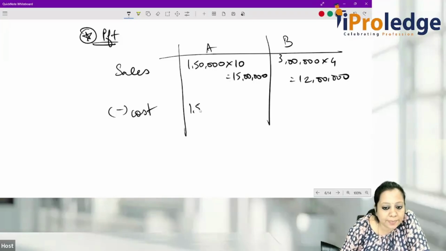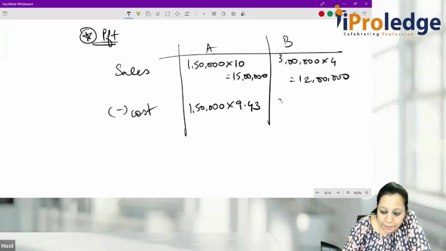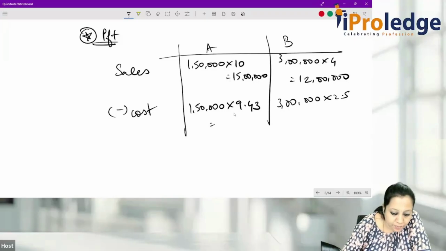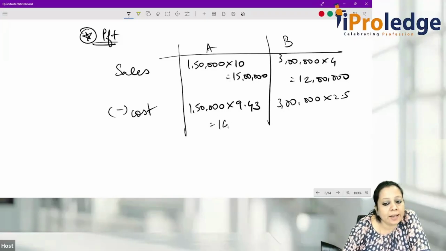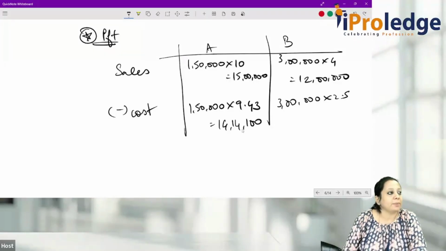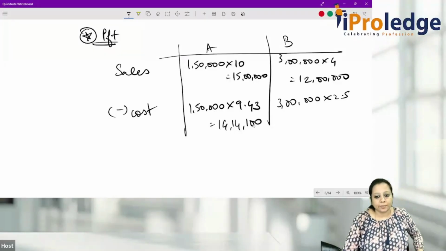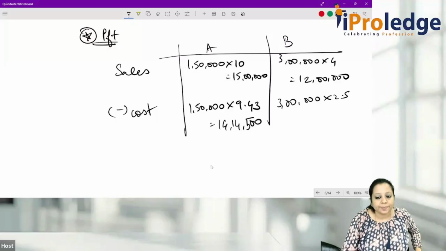Then I will use the same 1,50,000 into 9.43, right? And here will be 3 lakhs into 2.5. 14 lakh 14,100, 7,50,000.